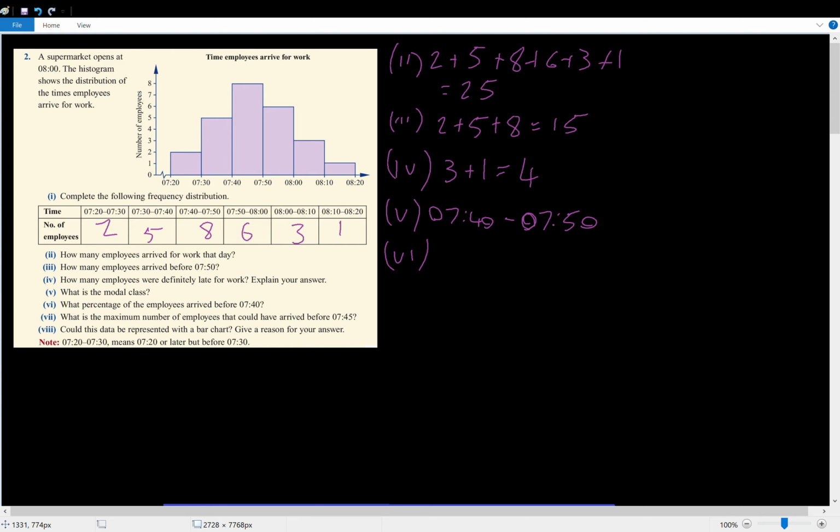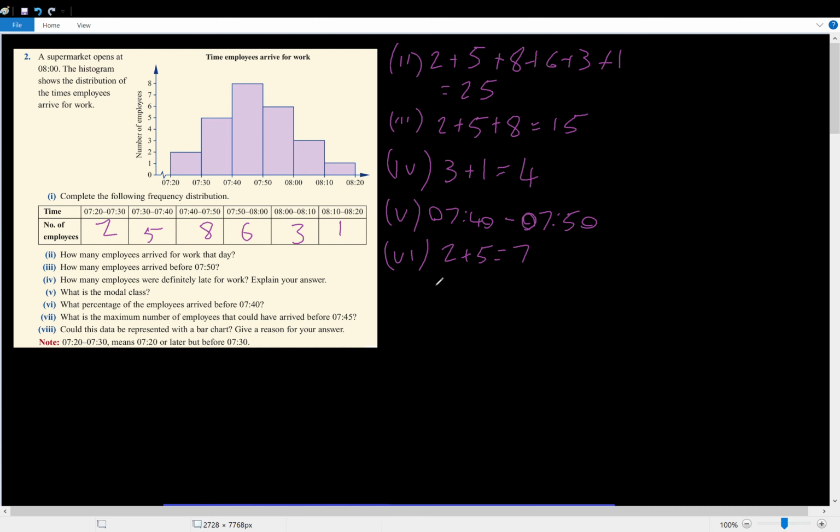For part 6, we're asked what percentage of the employees arrived before 7:40. Well, before 7:40 is going to be everybody to the left of the 7:40 line just here. So there's 5 and 2. So the number of people that showed up before that time is 7. And we're asked what percentage of the employees arrived before that. So we're going to put this number 7 over the total number of employees.